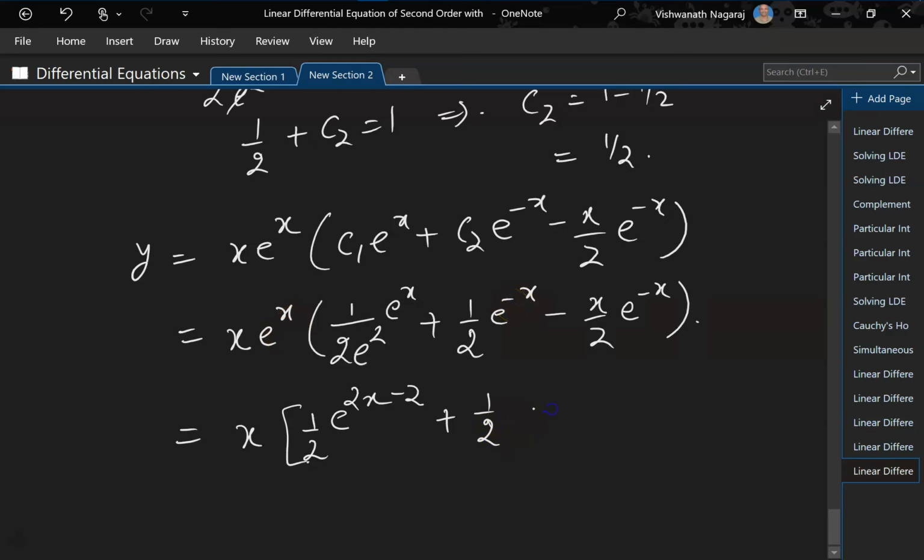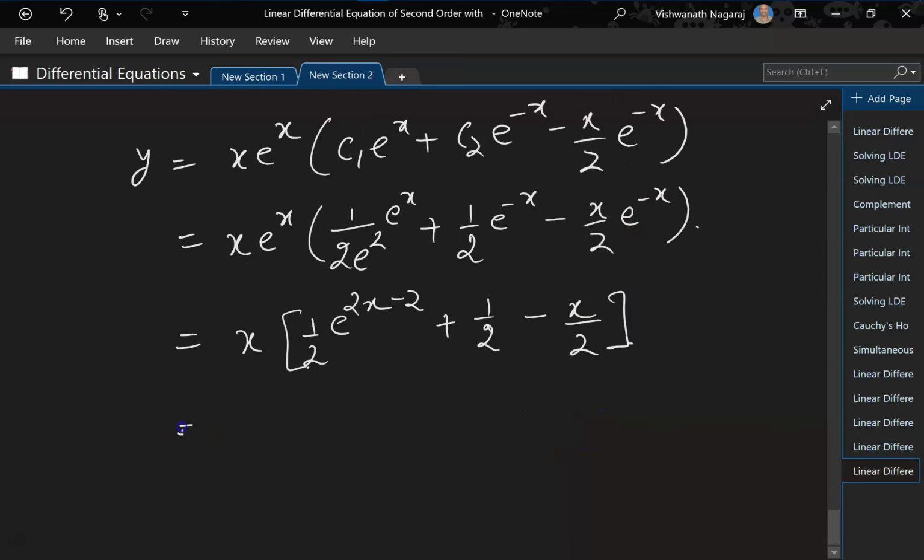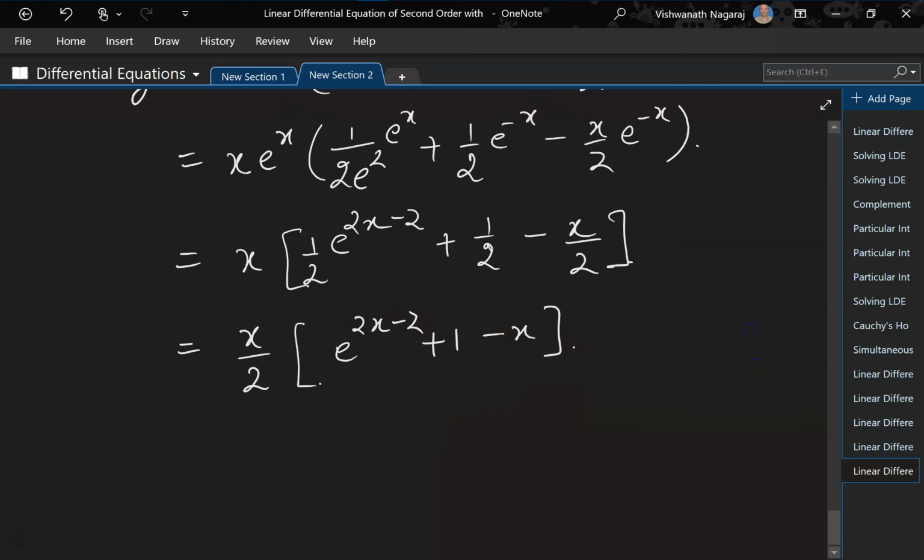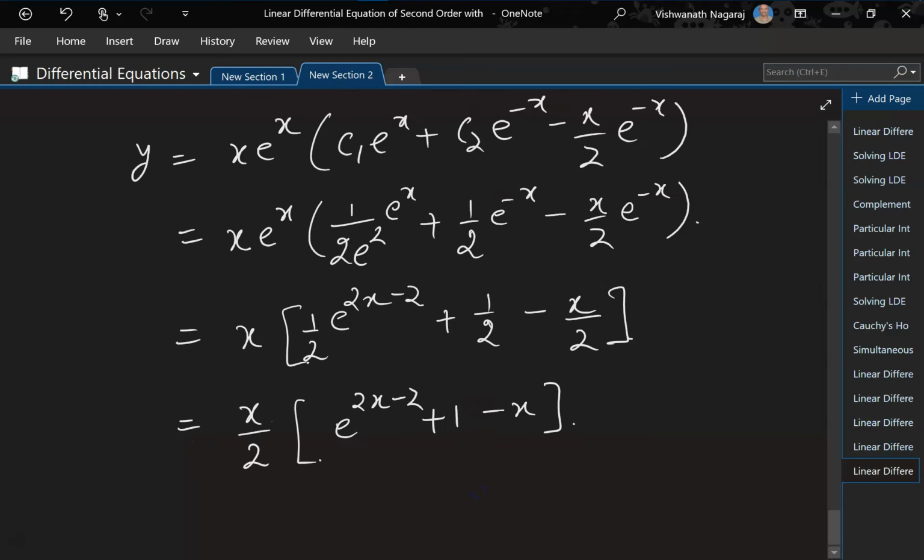So this is 1 by 2 minus, again, e to the power of x times e to the power of minus x would be 1. So we can take 2 out: x by 2 times e to the power of 2x minus 2 plus 1 minus x, which means this 2 can be taken to the other side if we want, or we can leave it. So that is the solution.